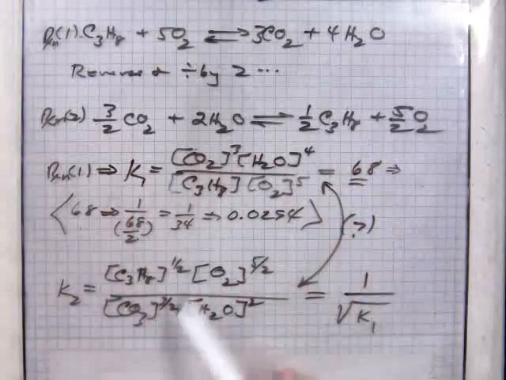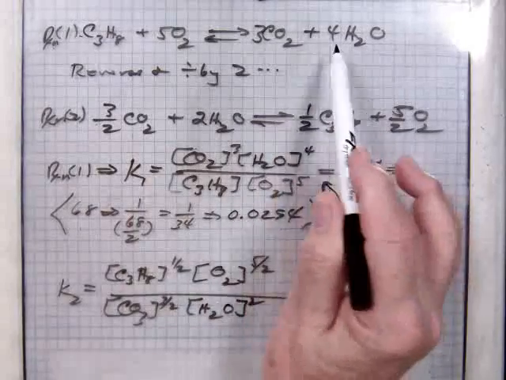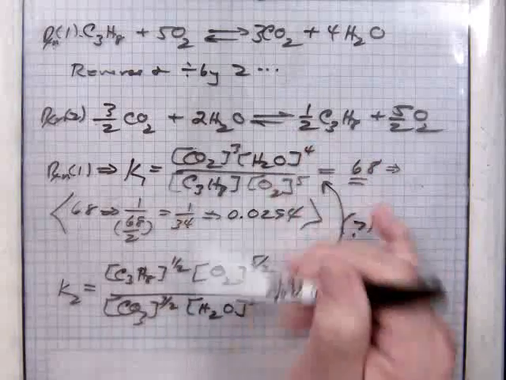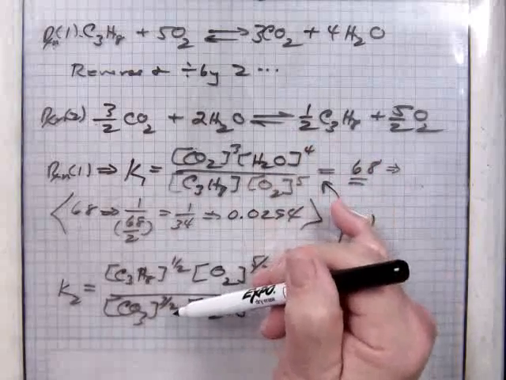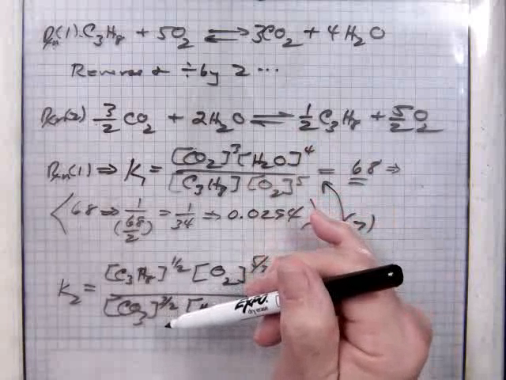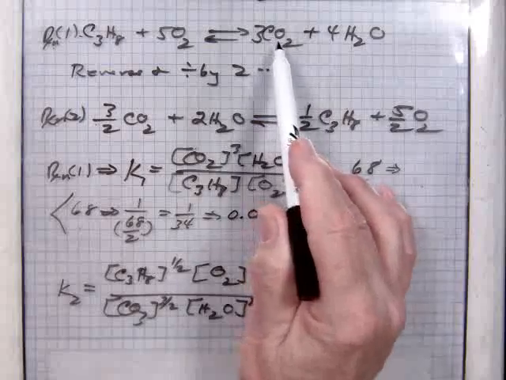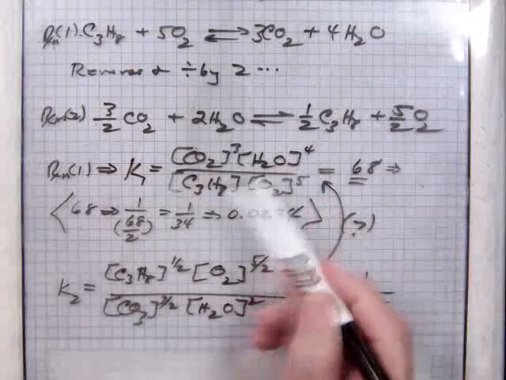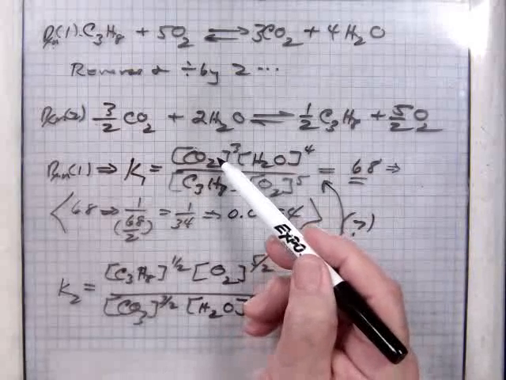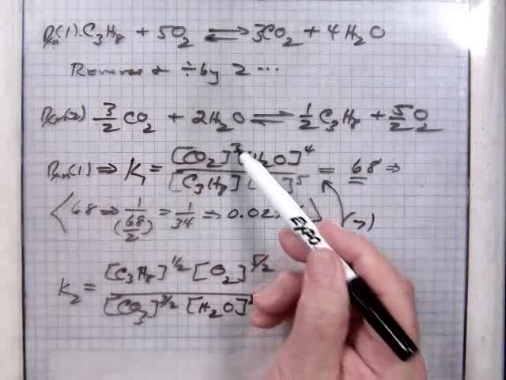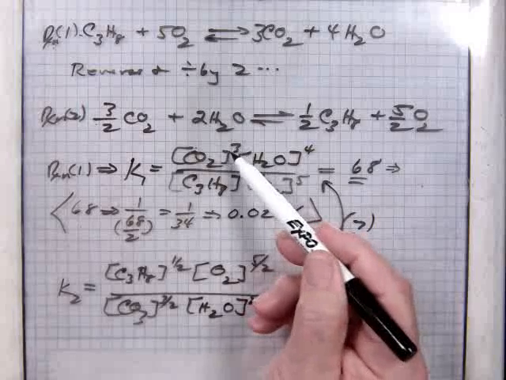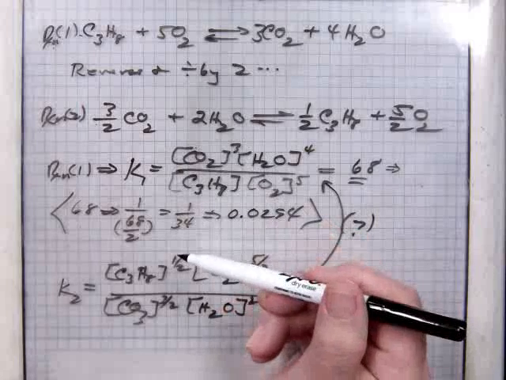You cut the coefficients in half, but how do you get to this? That 3/2 is a square root factor, isn't it? If I want CO2 to go to the 3/2 power, I don't divide by 2, I'd have to take the square root, wouldn't I?